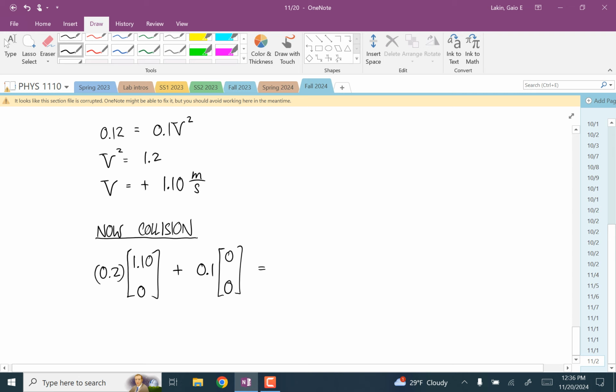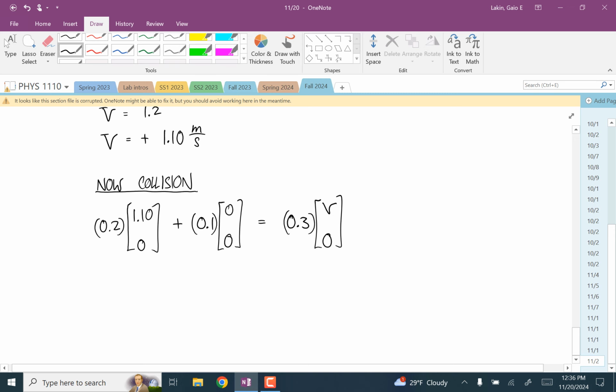Once they collide, they latch together, so you just have a single object with a mass of 0.3. And its velocity, we know it's going to be moving in the x direction, so I'll just calculate that v. Okay, so the x equation here says 0.2 times 1.10 plus 0 is equal to 0.3 v.